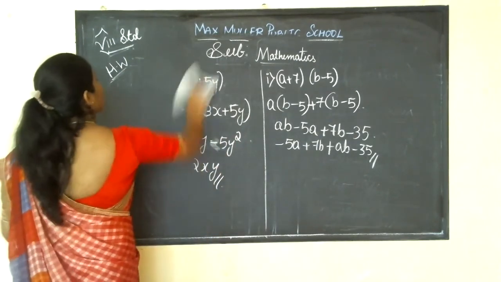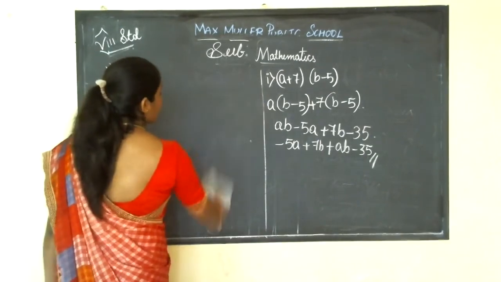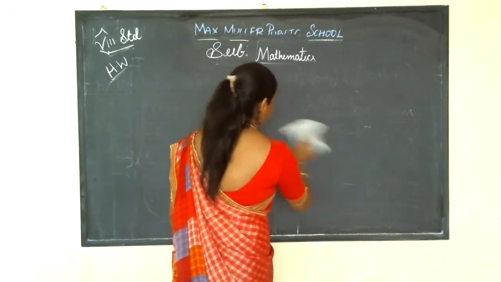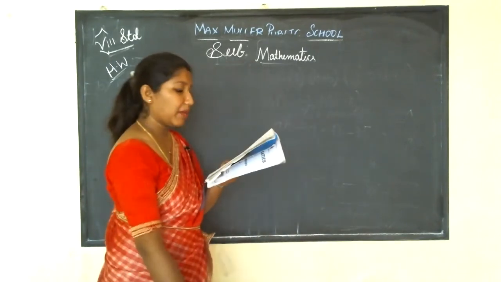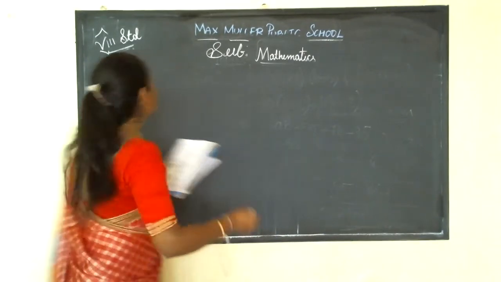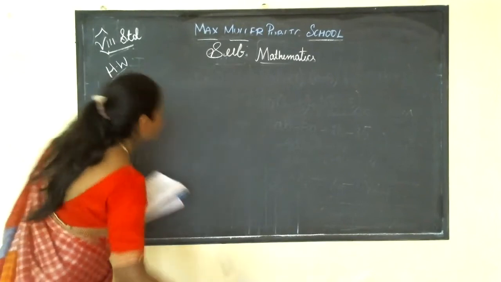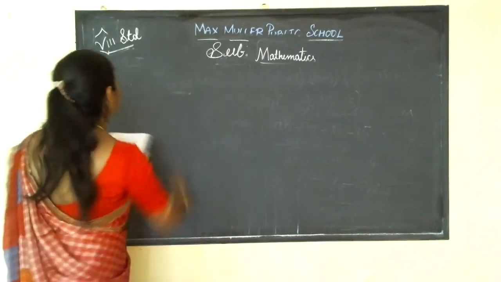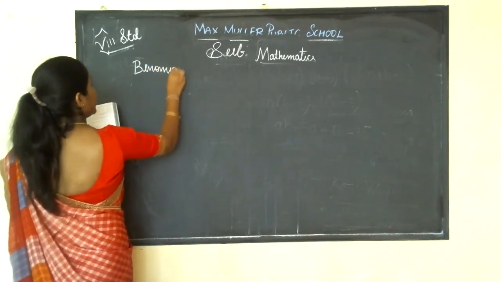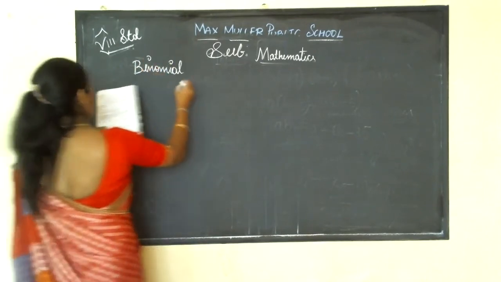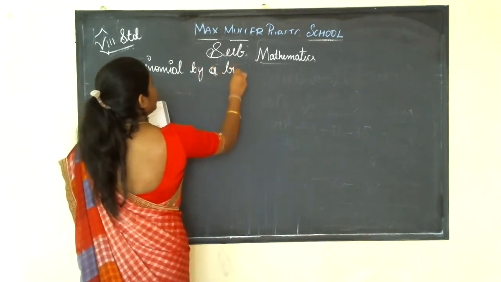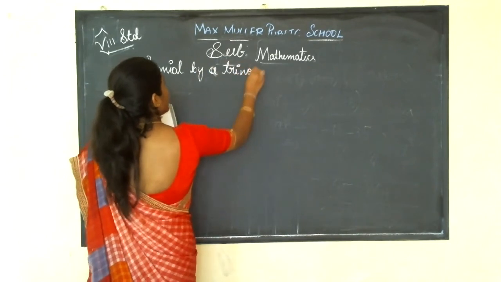Next, coming to next, this is about multiplication of binomial with binomial term, okay? Now, explaining multiplication of a binomial by a trinomial. See, take the heading as binomial by a trinomial.